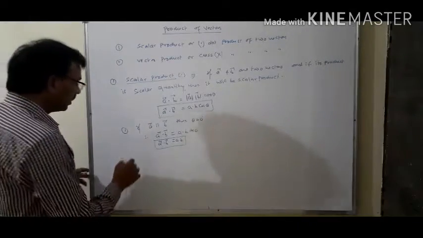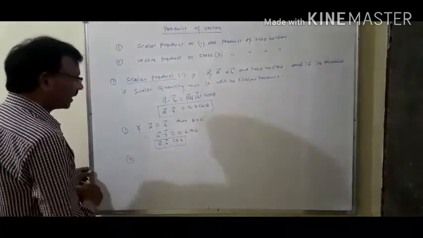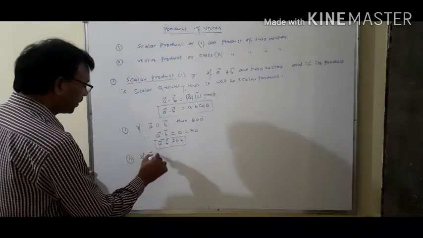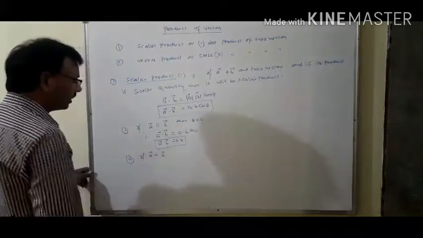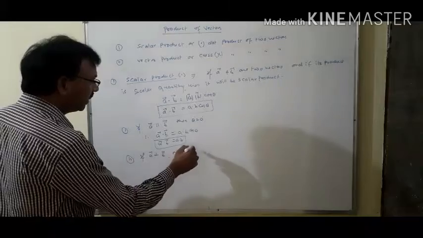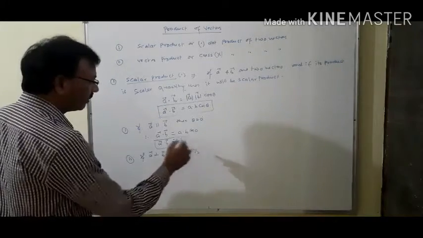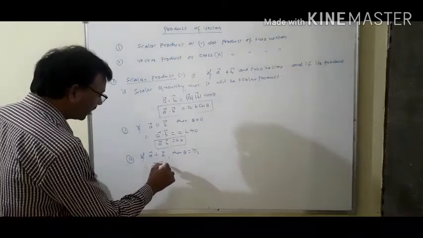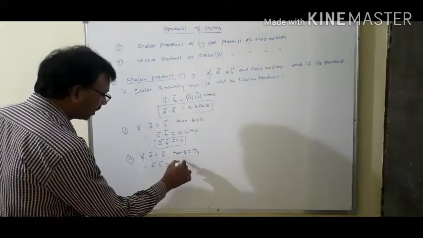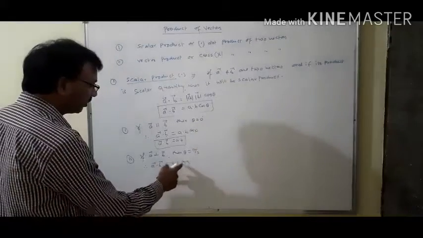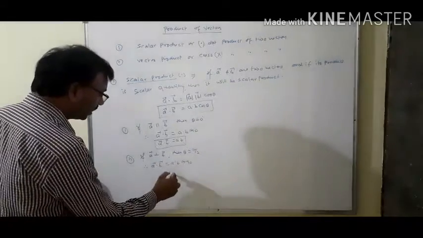Now, second situation is if vector A is perpendicular to vector B, then what will happen? Then theta will be equal to pi by 2, that means 90 degree. Therefore, A dot B equal to AB cos of 90 degree, and as you know cos of 90 is 0, so 0 into A into B equals 0.